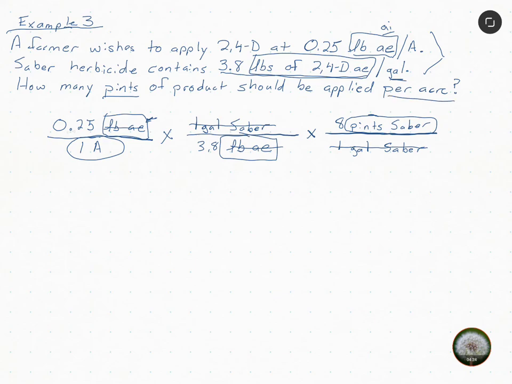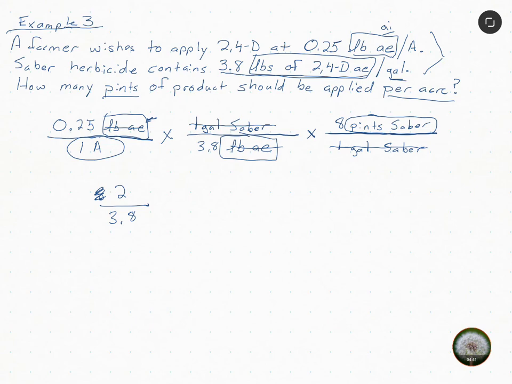So if we actually do that, 0.25 times 8 equals 2. Equals 2 divided by 1 times 3.8 times 1 is 3.8.